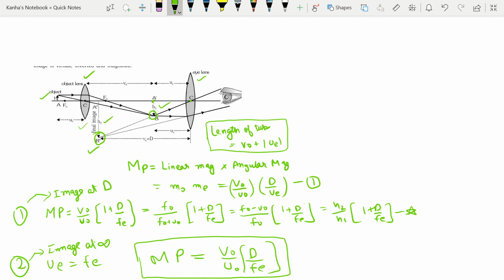So I'll give you the sign convention for solving the numericals.